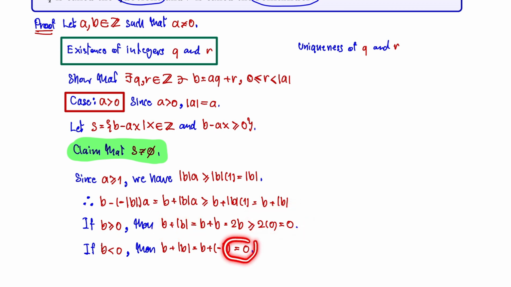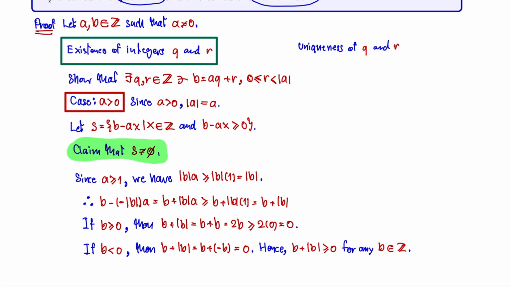So this means that b plus the absolute value of b is greater than or equal to 0 for any integer b.